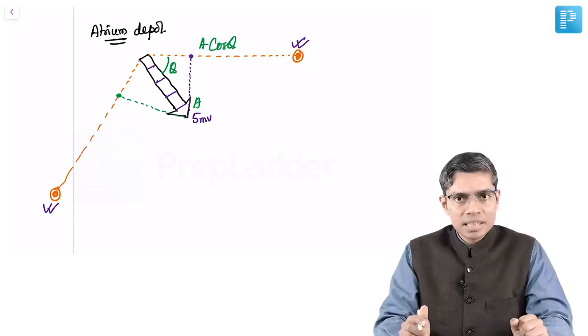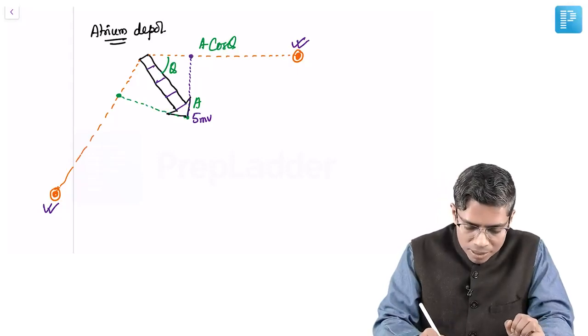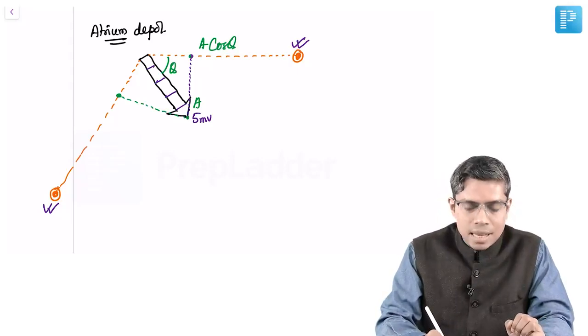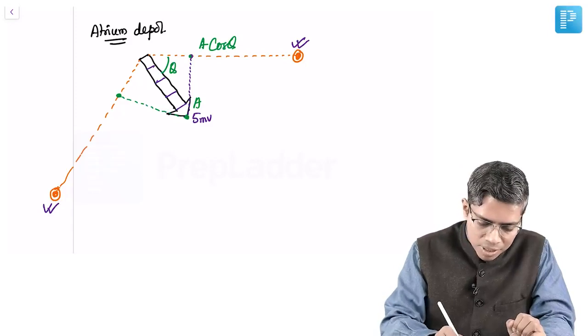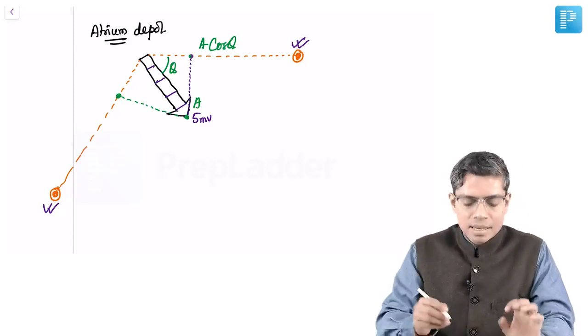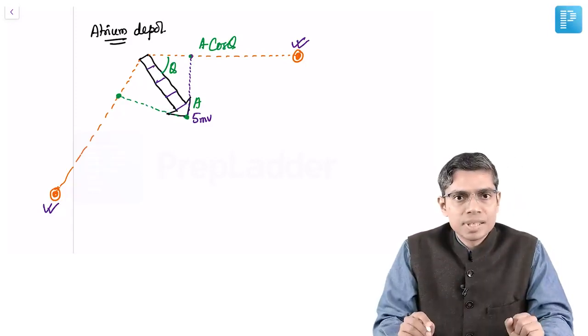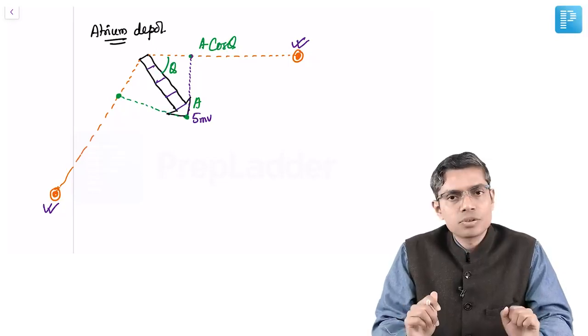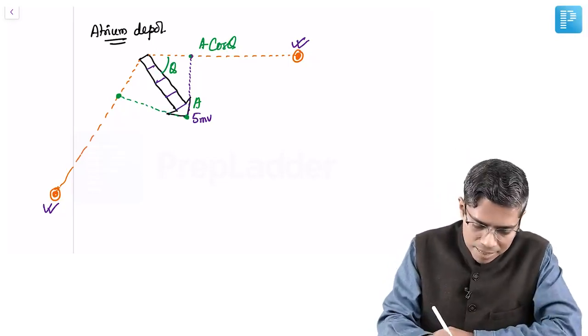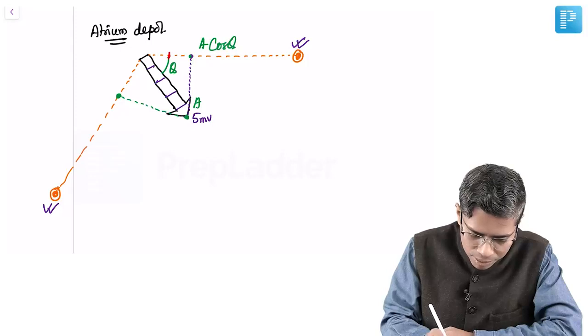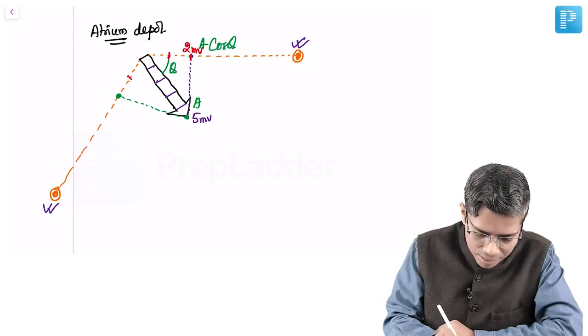But rather than doing this mathematics, if I draw a perpendicular from here on this axis and another on the other axis, then I will know the amplitude of this voltage vector in these two directions. Suppose this is 2 millivolt here, and here also 2 millivolt, right?